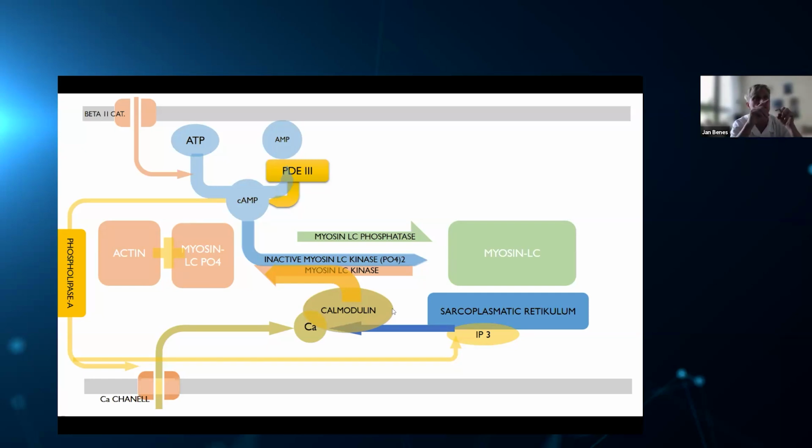And actually the effect of beta adrenergic receptors within the myocardium is similar to phosphodiesterase inhibitors. So this is what's happening in the myocardium, and this is why this system in the myocardium increases contraction, vice versa, unlike in the circulation. And we also have calcium sensitizers. So this is an overview of what's happening within the smooth muscle and the heart muscle cells. So that's our opposite, smooth muscle and heart muscle cells.